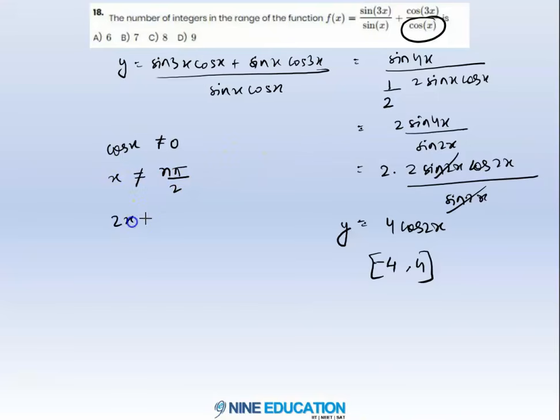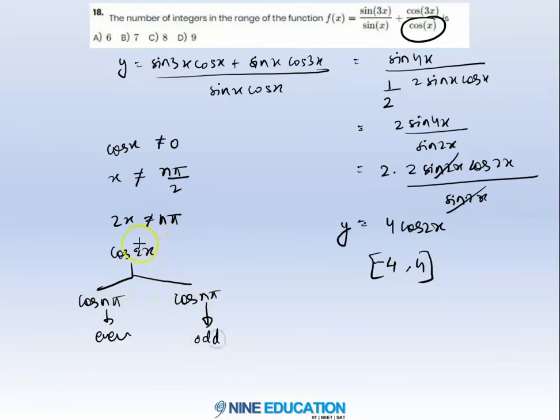It means 2x cannot be equal to n pi. So cos 2x, depending on integers, this could have been cos n pi where n is even, and this could have been cos n pi where n is odd, because n is an integer. So this cos 2x would have given us 1 or minus 1 as answer. So definitely we are getting minus 4 to 4.